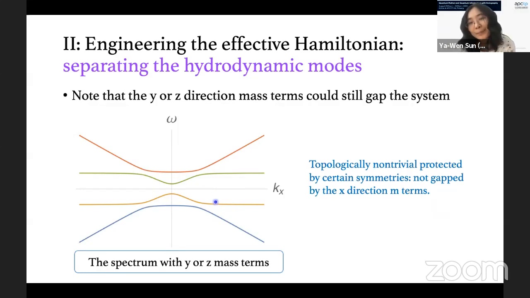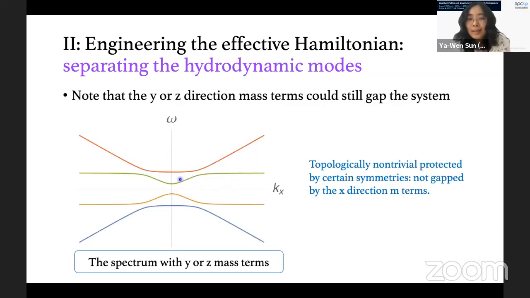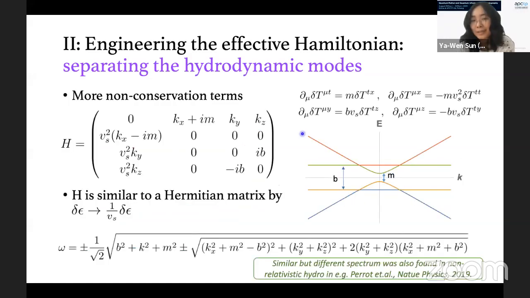So this means that these crossing nodes are only topological when there are no mass terms here or here. So this means that these are topologically non-trivial. These crossing nodes are only topologically non-trivial, protected by certain symmetries. These symmetries are the symmetries that forbid the mass terms in the y or z directions.